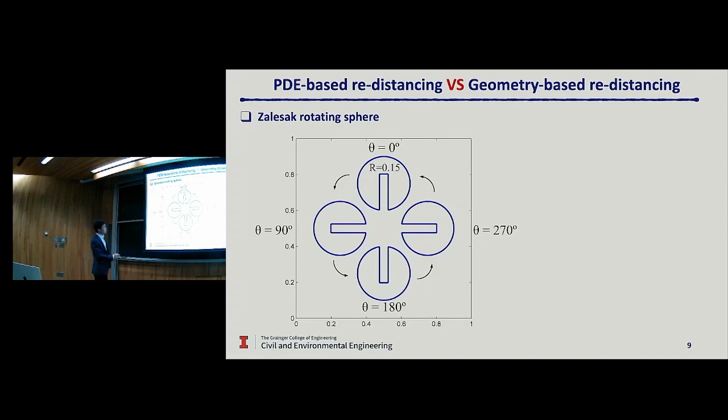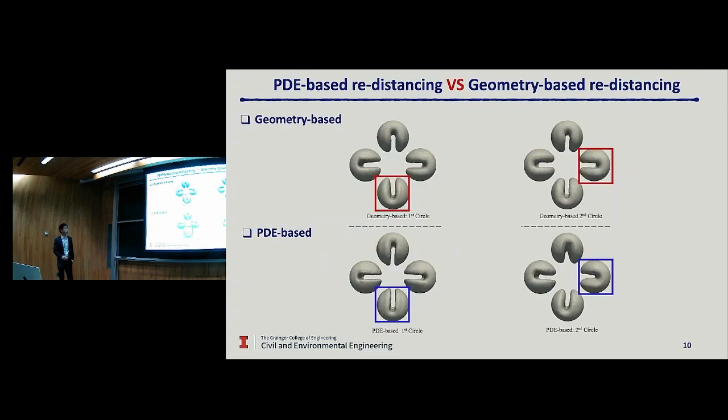Here you have a slotted sphere. The sphere will be convected by a given periodic velocity field. If your numerical method does a perfect job, the sphere should preserve its shape and just do rigid body motion. We simulate this problem using geometric redistancing and PDE-based redistancing for 2 cycles.